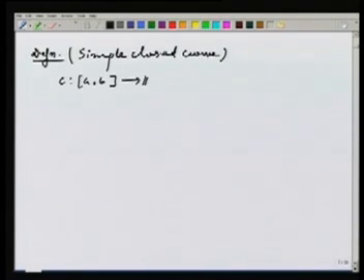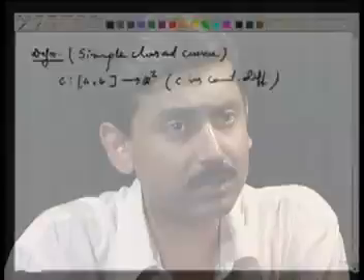We will deal only with R2 now. I always assume C is continuously differentiable, because in most of the cases you will at least have differentiability. Continuous differentiability is not really necessary. You can work with differentiable curves.